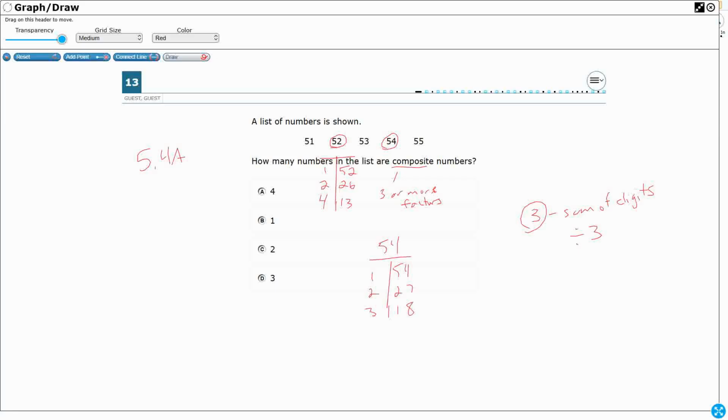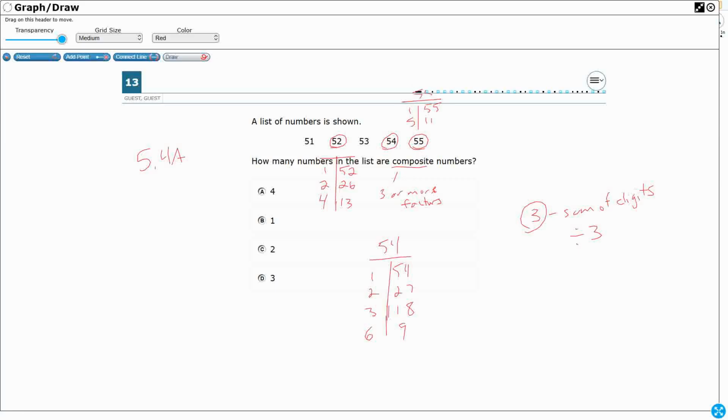And then, let's see, 4, it's not going to work. And 5, 6, 7, it's going to have a 6, right? 6 times 9. All right, so we've got 4 different factors there. I know that 55 has at least 1 and 55, and then it's going to be a 5 times something, 5 times 11.